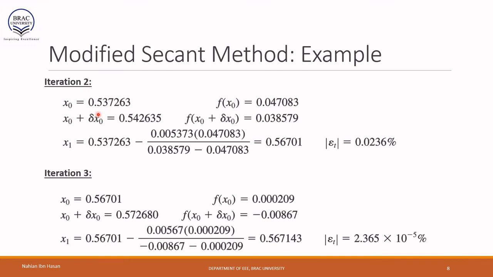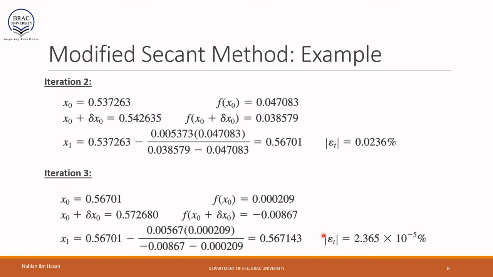In iteration 2, the true percentage relative error turns out to be 0.0236%, which is much lower than the first iteration. If we want to go further, we will have a more precise result. For example, at iteration 3, we have an error which is very, very low, 2.365 times 10 to the power of minus 5. So we have a better result. If you want further precision, you need to do further iterations.